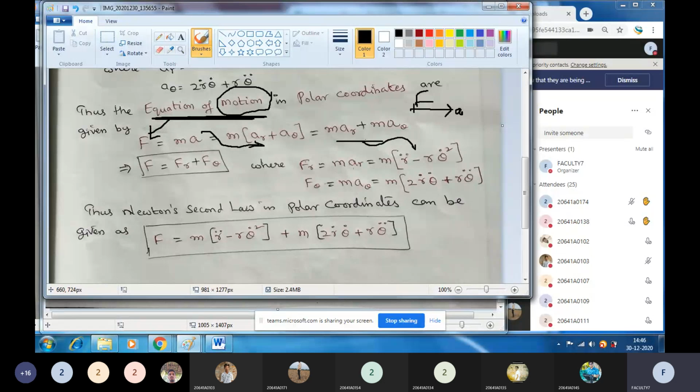If you multiply a_r with m, this is a force, and that will be considered as a radial force. Here in the substitution there is a subscript r. So what is r here? It is representing the radial component.